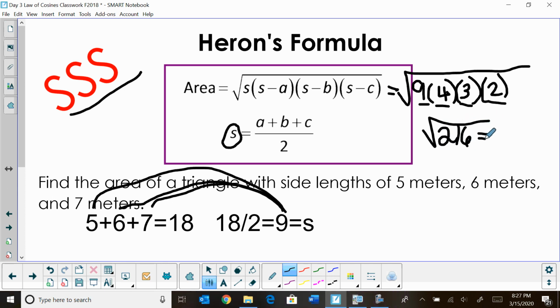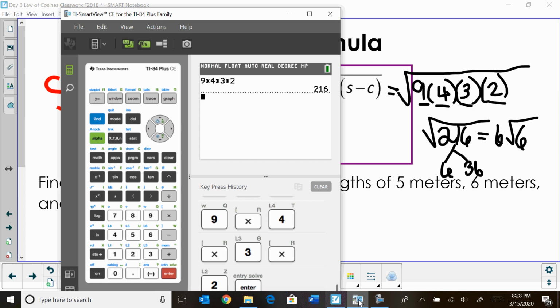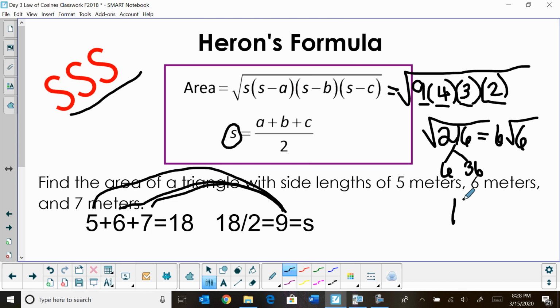As an exact value, that's 6 root 6. But typically, when we're using our calculator, we go ahead and find the decimal value. The square root of 216 gives us 14.7.